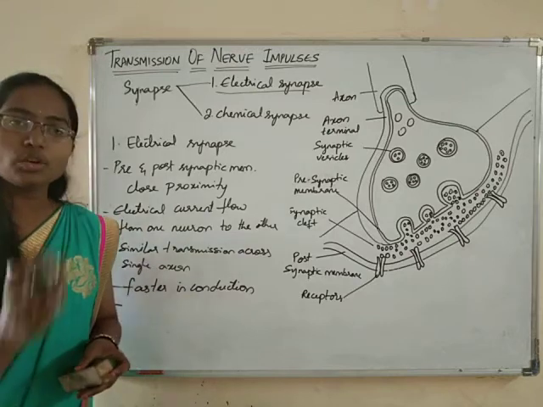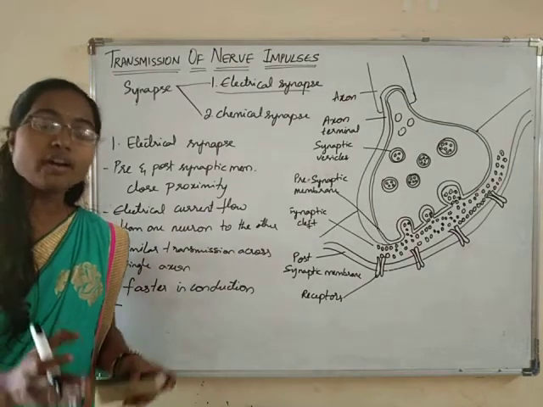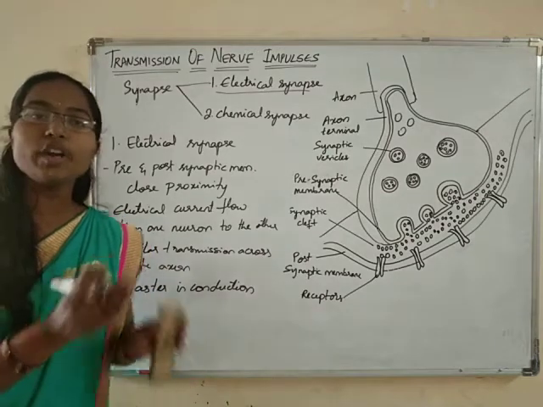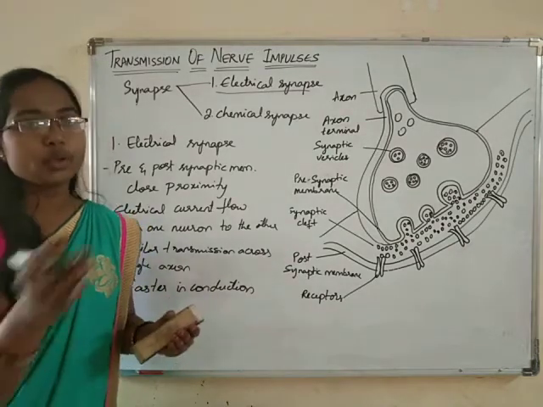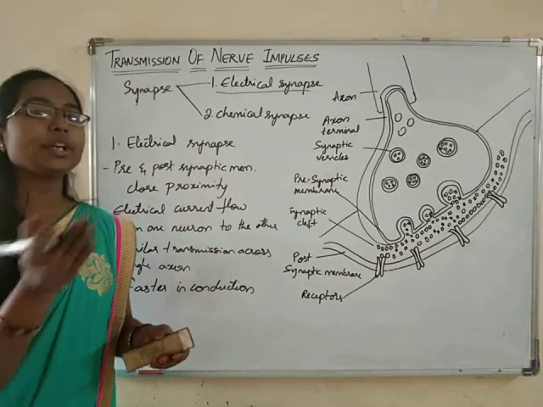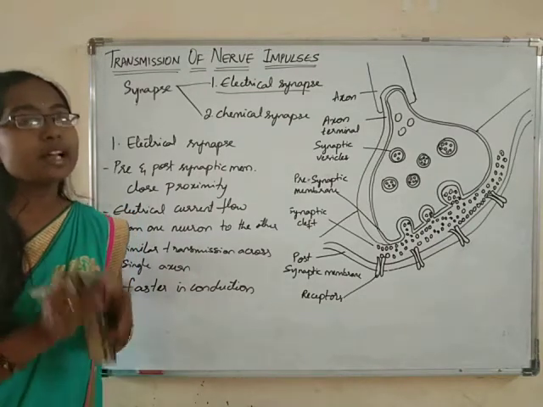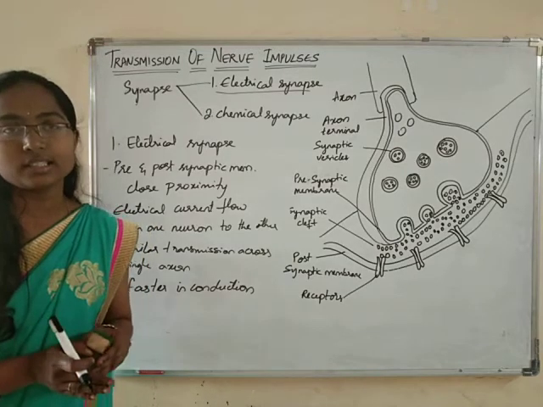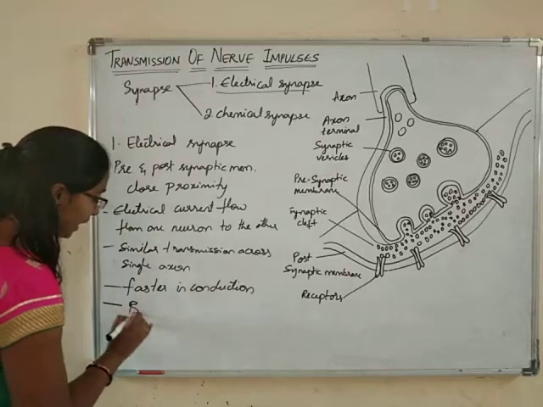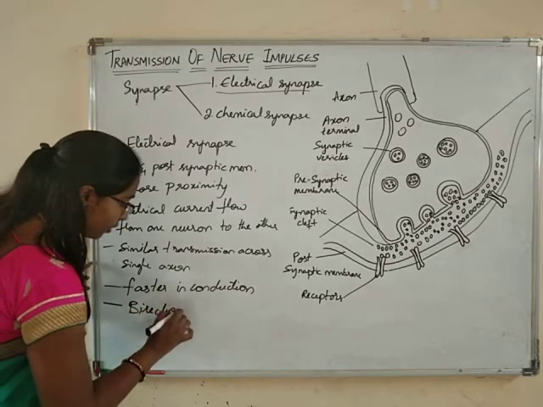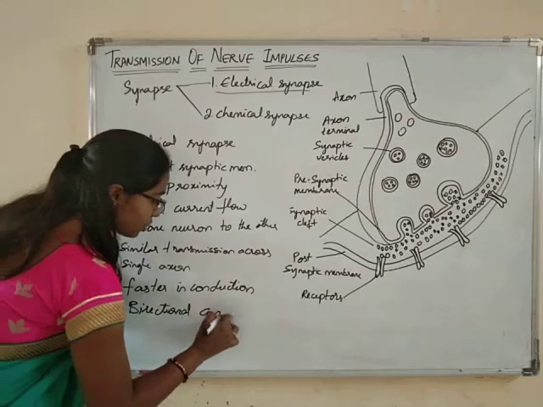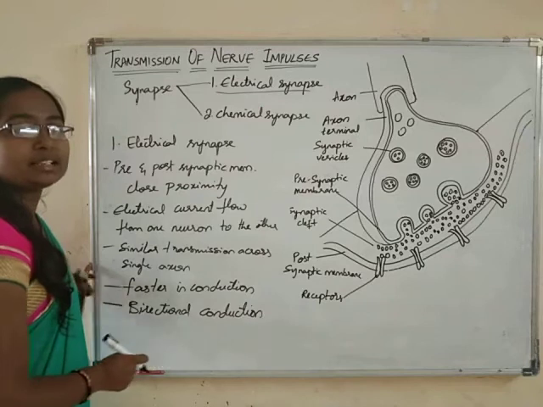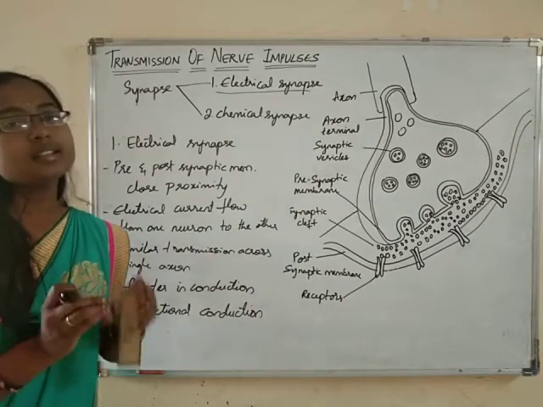That means the current can flow in both directions. So in the electrical synapses there is bidirectional conduction of impulses.